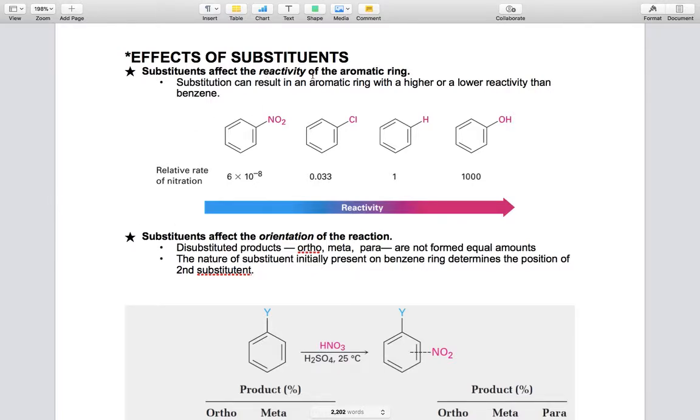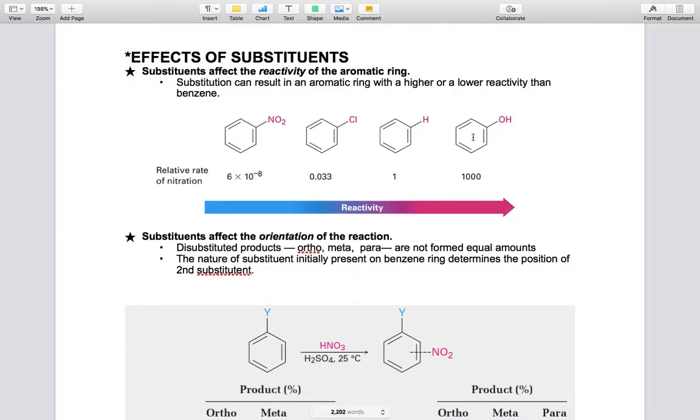Substituents affect the reactivity of the aromatic ring. Substitution can result in an aromatic ring with higher or lower reactivity. As you can see on our screen, this structure shows the reactivity of the different benzene rings with their own substituents.